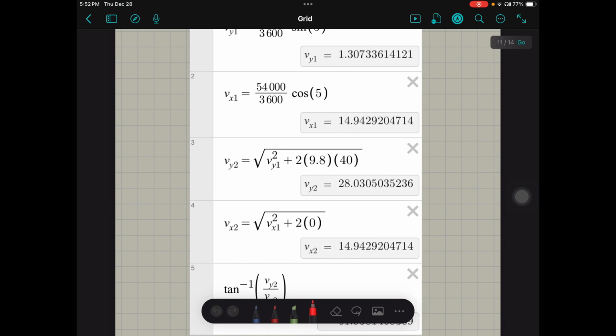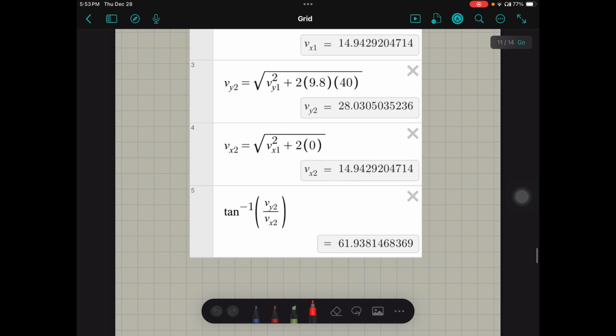For this part right here, you're ending, you're going down 40, so this would become a negative and acceleration would be a negative. Now, for the velocity in the x component, since you're multiplying this by zero acceleration, you can completely cancel this out, and then you're left with your initial velocity, which was 14.94.